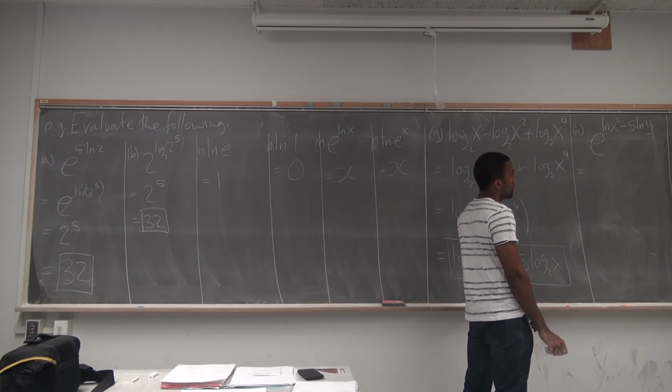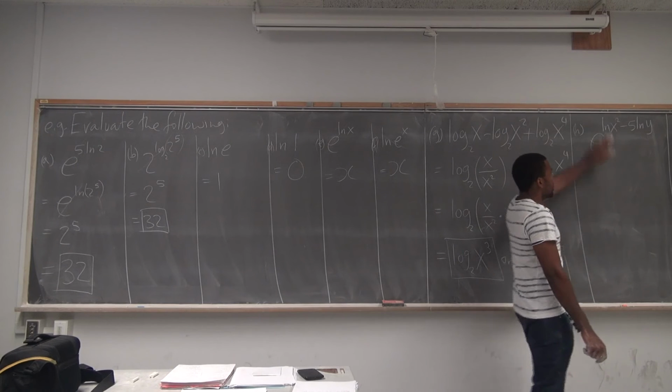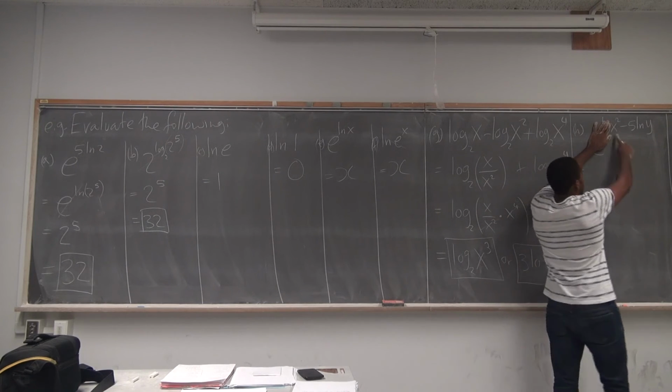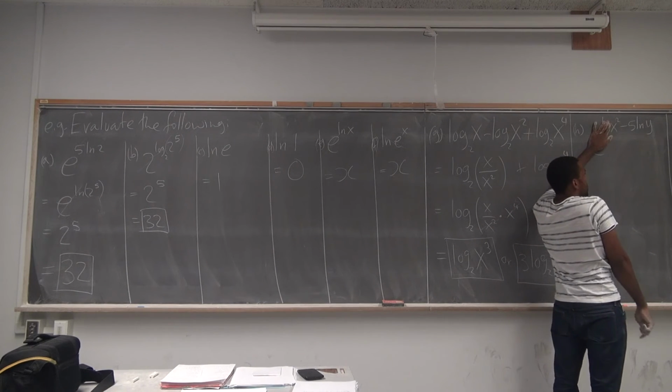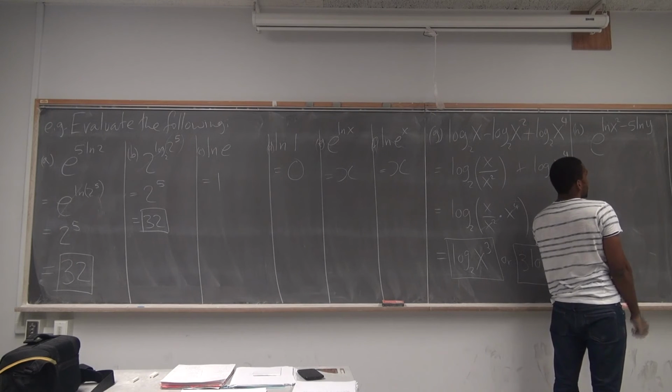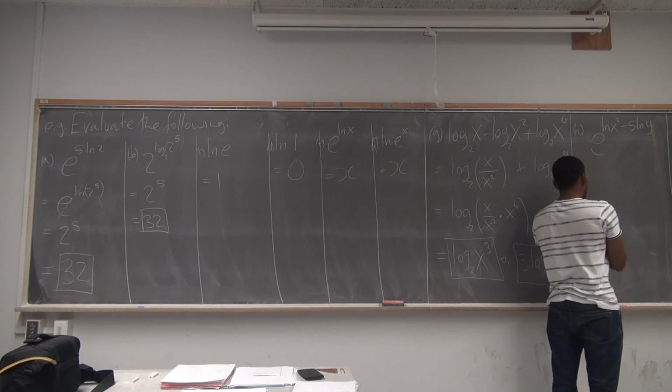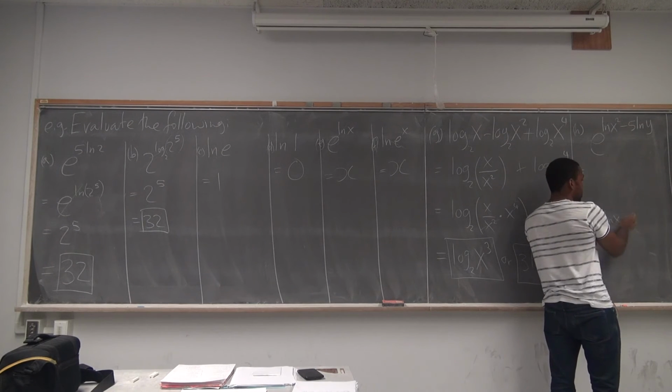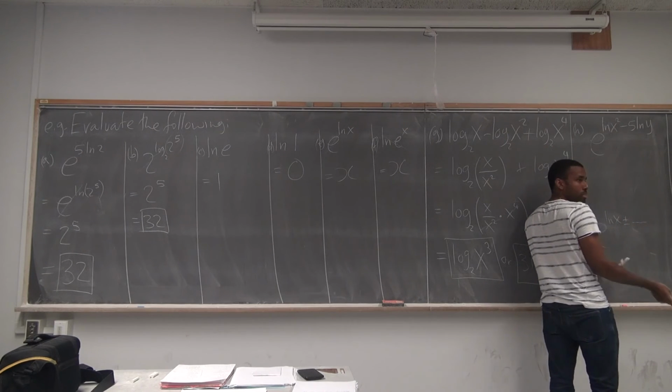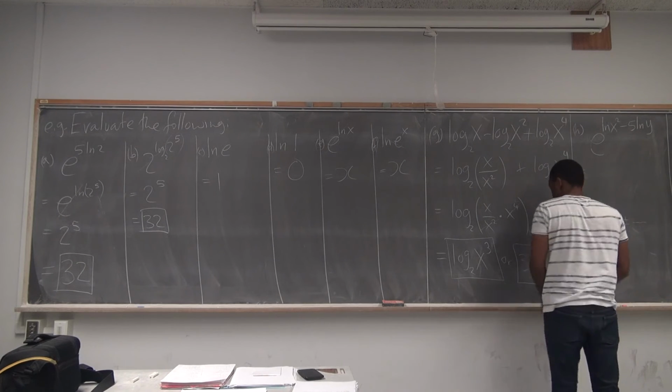How would you get that? You have the same base. Why couldn't I cancel this and just say that's the answer? Because you have another minus. Because there's a whole other thing, right? There's a rule that says if I have e to the ln of something, I can cancel it. But what about if I add or subtract something else? The rule doesn't apply anymore, right? It doesn't look like that.